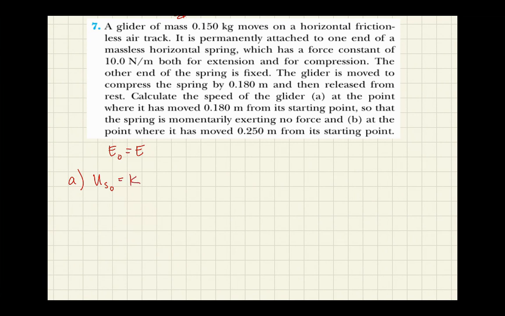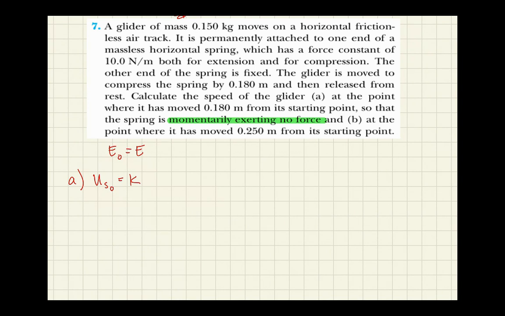The reason I know that is, for one, as a spring pushes on the object it will speed up. And I also know that the spring is momentarily exerting no force. And what that means is that the spring must be at its equilibrium position, right? That's where it's a relaxed spring.